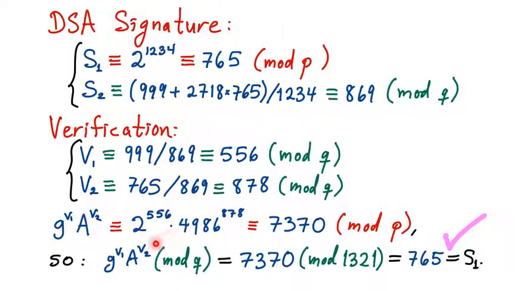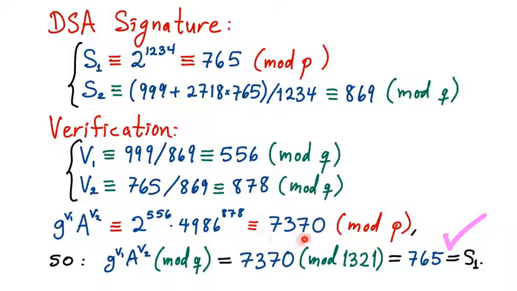Now let's figure out what G to the V1, A to the V2 is modulo P. First, just doing arithmetic modulo P, this is 2 to the 556 times 4986 to the 878.